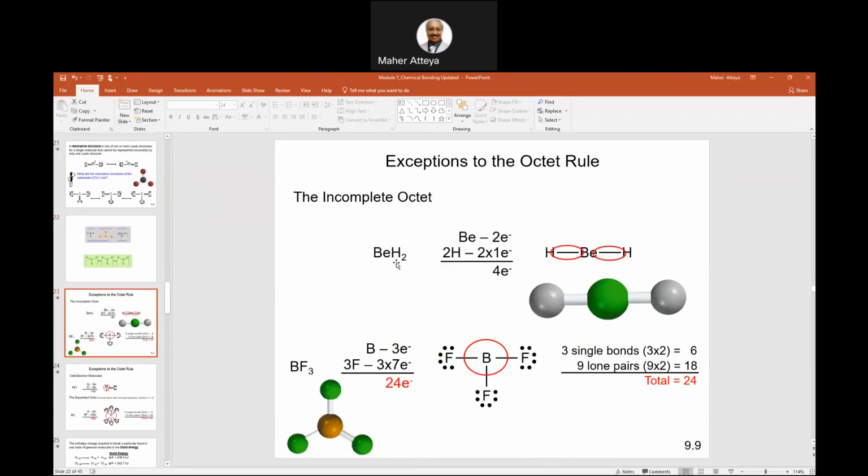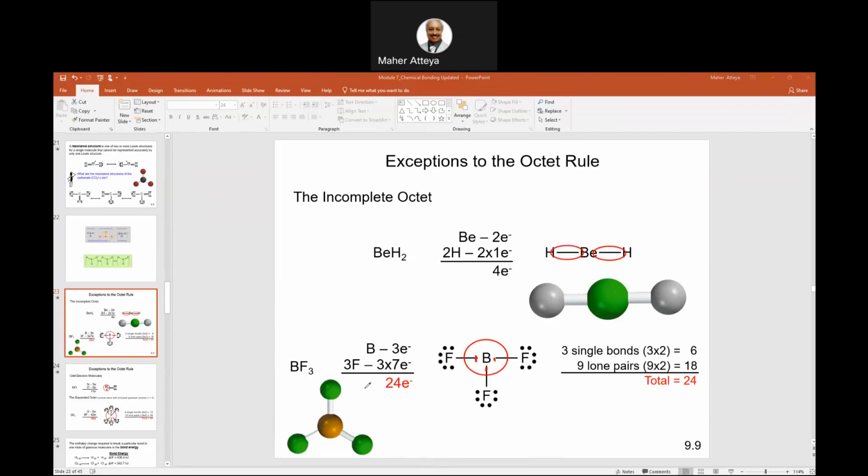Not every molecule will obey the octet and have 8. Like here, boron trifluoride, look at this. Boron trifluoride cannot have 8. How in the world do you fit 8? You cannot fit 8, because boron, in the third group, has only 3 valence electrons. You cannot fit more than that on the boron.